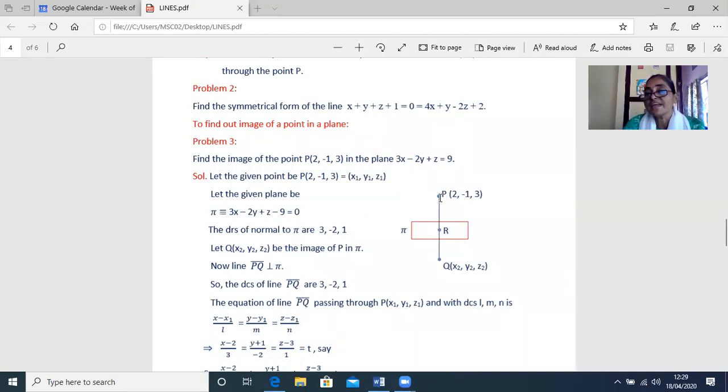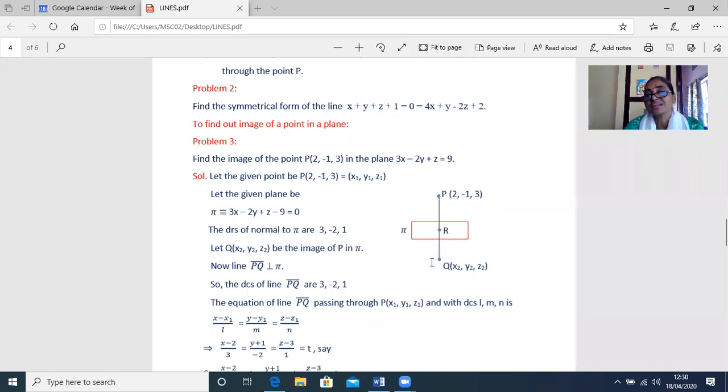See here, image of a point P in a plane means, I took a point on the line, namely R. This point is the midpoint of the line PQ when Q is the image of the point P. In such a case, R would be the midpoint of the line PQ.